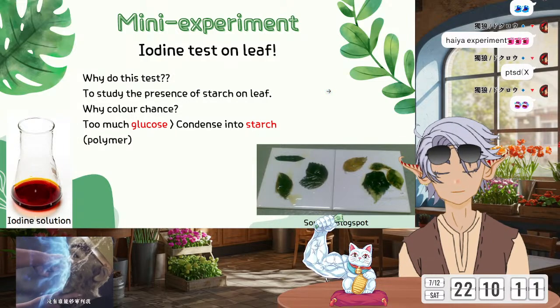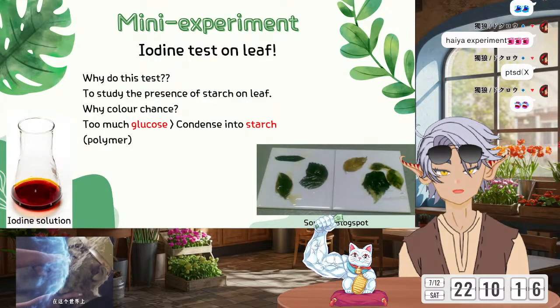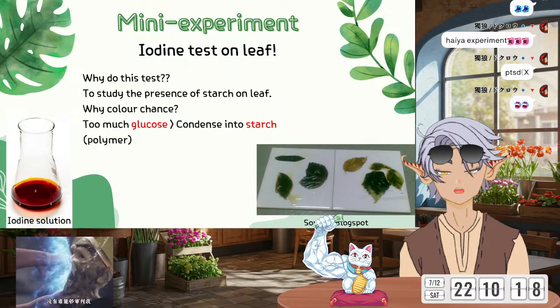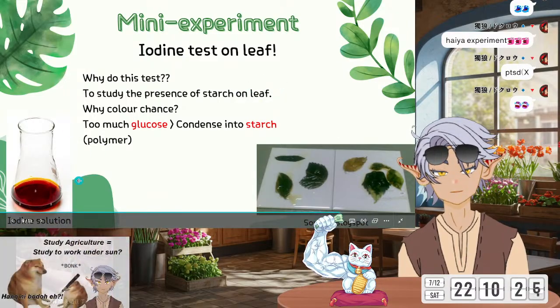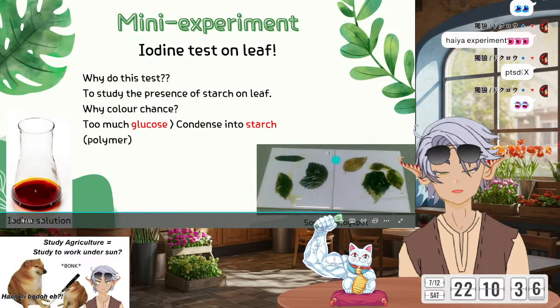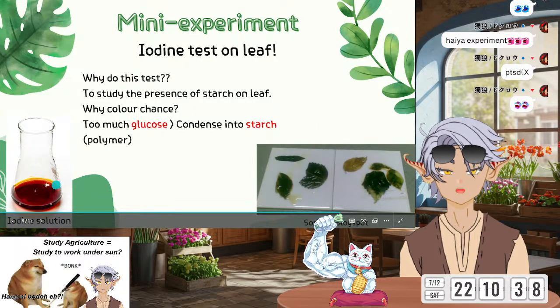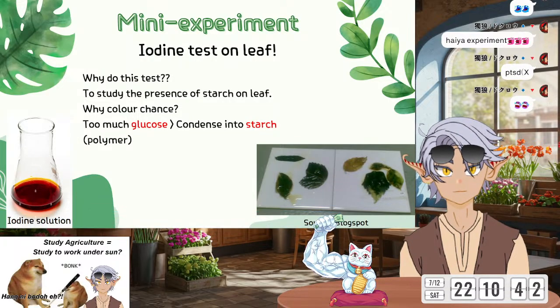You need to break down the chloroplast to force it to release the starch. After that, you just use the dropper and drop some iodine on the leaf, and it becomes dark blue.